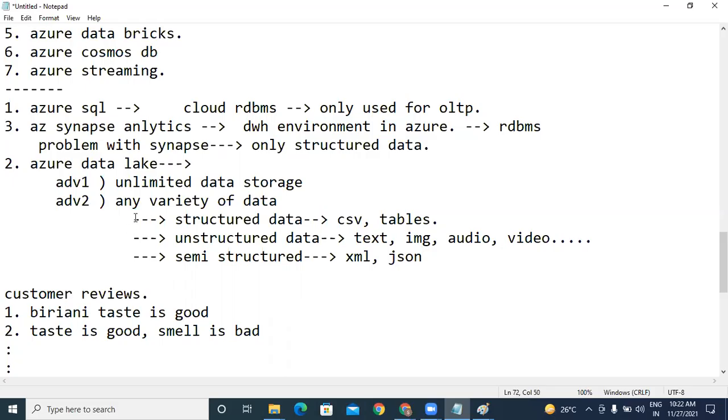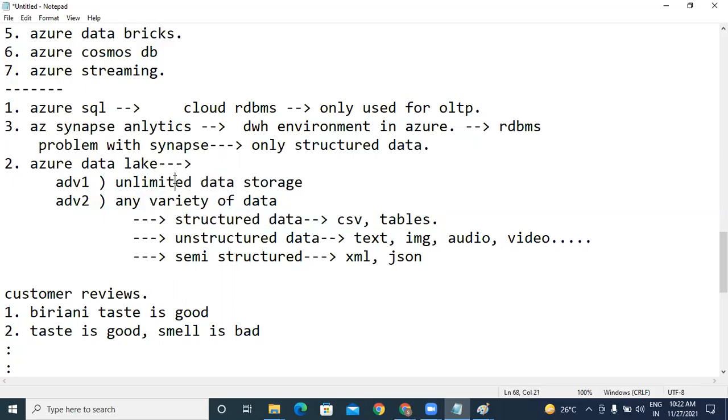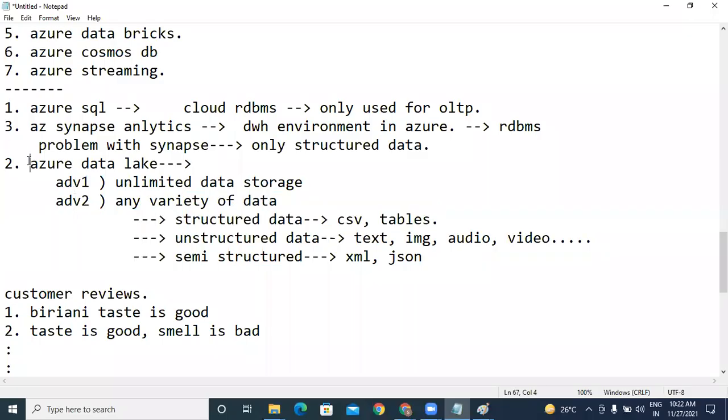Any kind of data you can store in the data lake, and any volume as well: petabytes or multi-petabytes. And second, any variety of data that you can store and process. This is the advantage of Azure Data Lake.